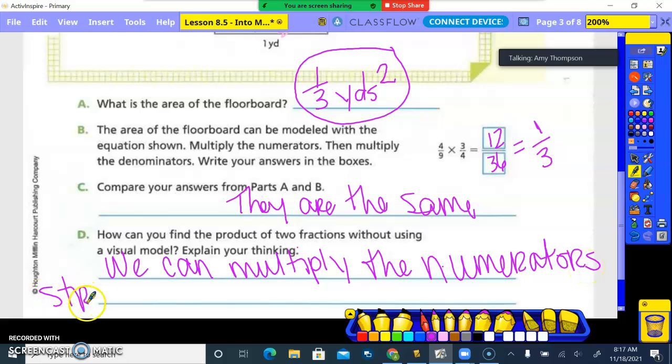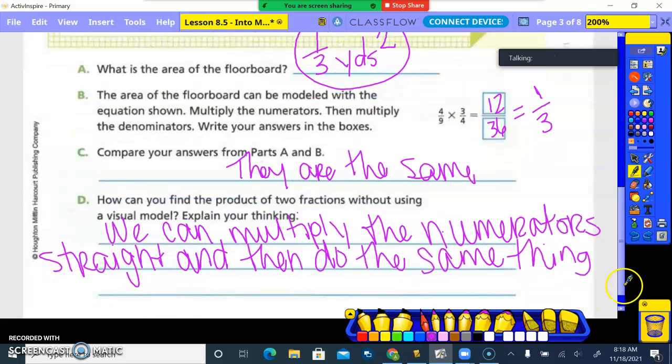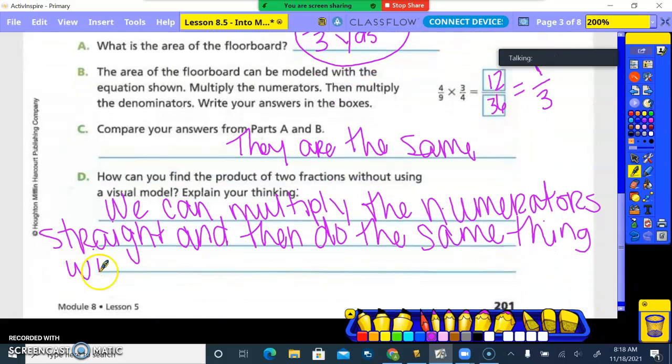And then do the same thing with the denominators.